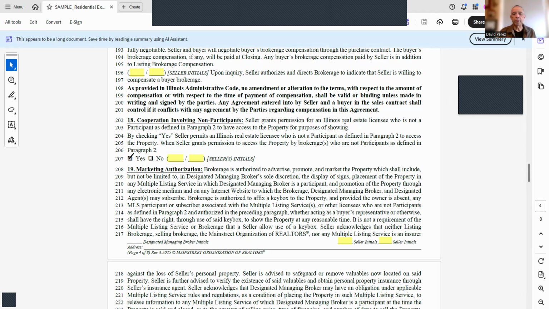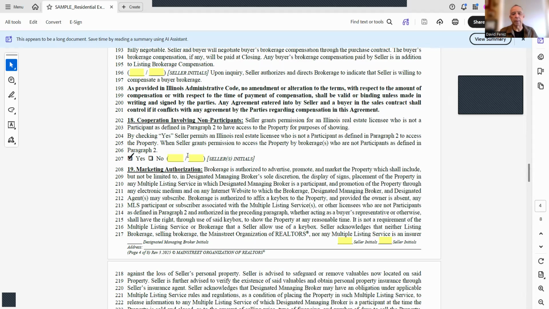You give them permission to come by and see the house. This is something that your agent, or I, as an agent, will coordinate: when and how they're going to view your property while it's being sold. So yes, it's usually the answer. You don't mind these agents coming and bringing their clients to see your home.